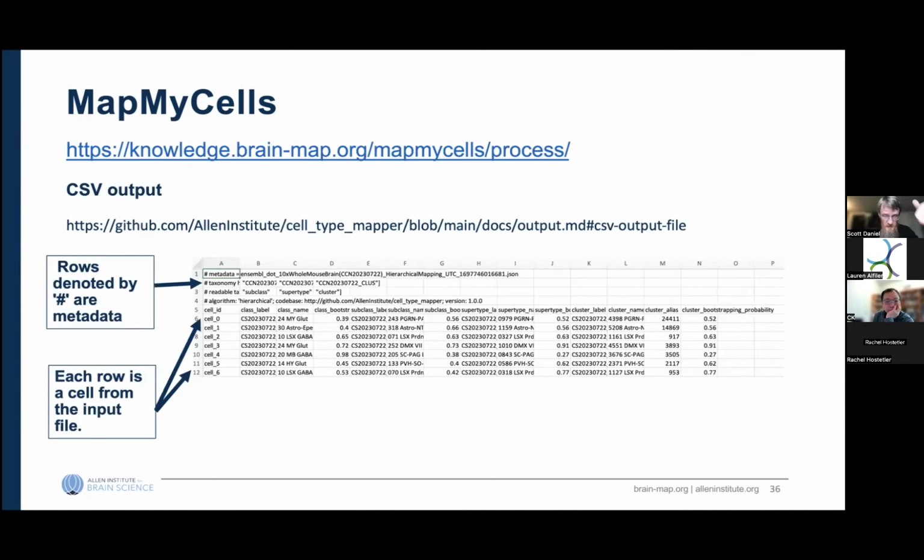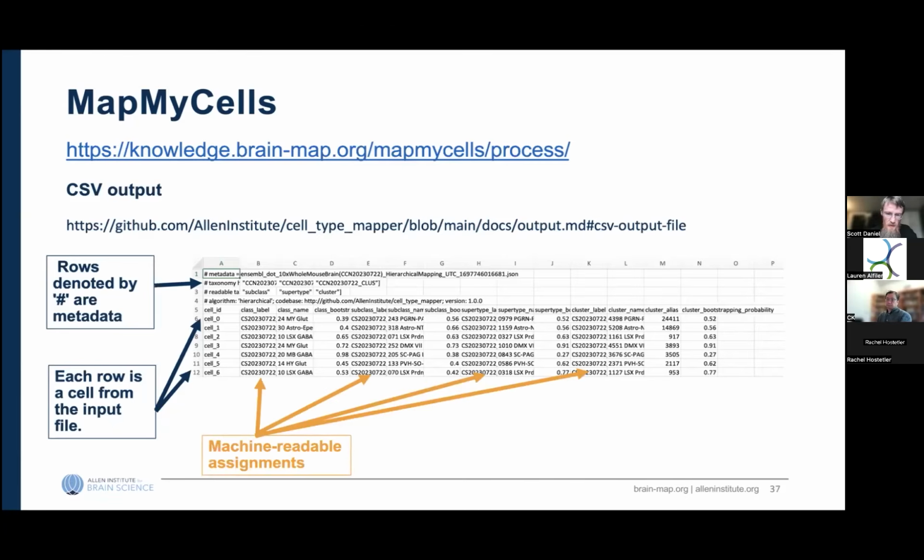There's this table. Every row is a cell. It's identified with the index column from the OBS data frame in your H5AD file. And then the columns represent the cell type assignments for each of those cells. There are machine readable assignments. These are accession IDs that have been assigned to the cell types. They're a way for us to stably and for all time refer to the cell types in a given taxonomy.